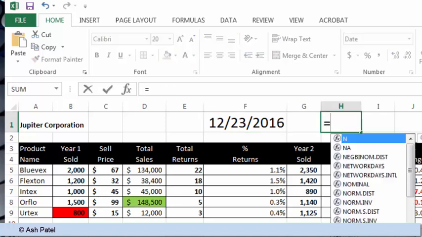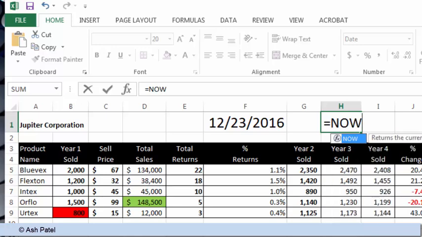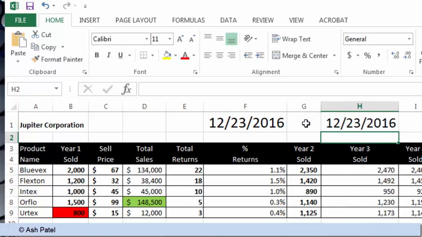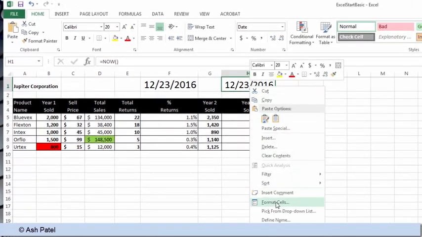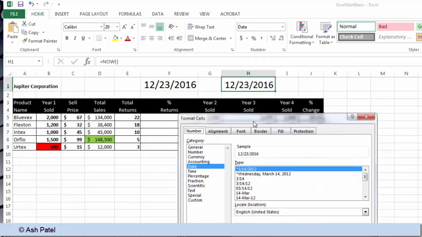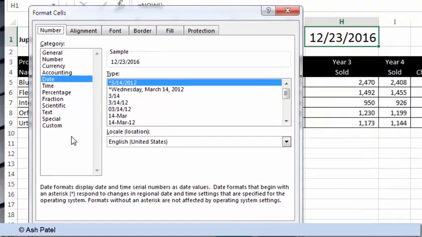There's a function called NOW. So notice the equal sign, NOW, open the bracket, close the bracket, and press enter. So in this case, it's giving you the exact same date. So I'm going to show you how to change this, right? If you right click on this date, go to Format Cells, there's a whole bunch of different formats you can use to change this particular cell.